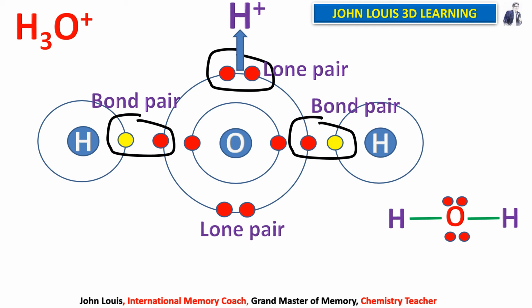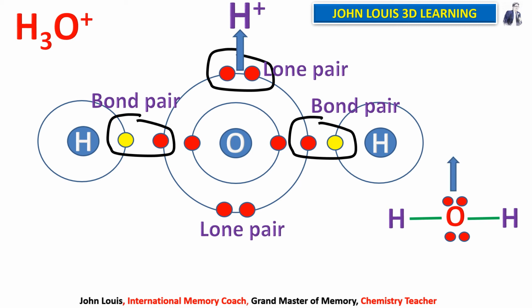If it is completely transferred, that is an ionic bond. If both the atoms donate an equal number of electrons and share equally, that is a covalent bond. Here that electron pair is completely donated by one of the combining atoms, that is oxygen. Hydrogen has no electron, but oxygen donates and shares that electron pair equally with hydrogen. Therefore that is a coordinate bond.